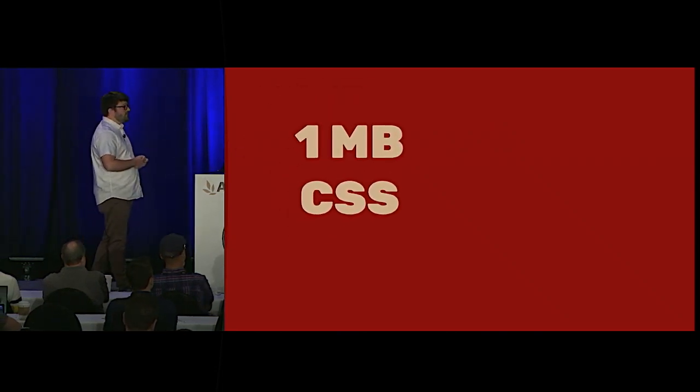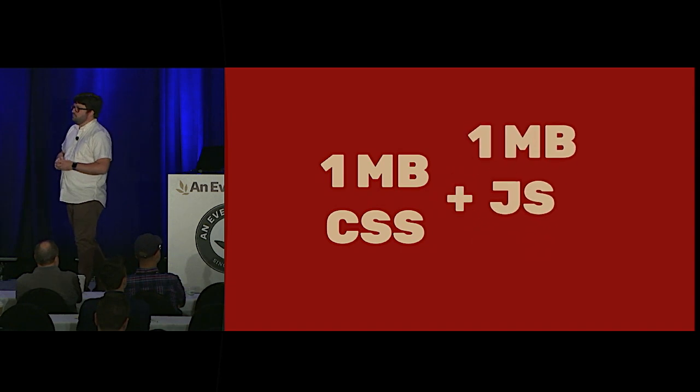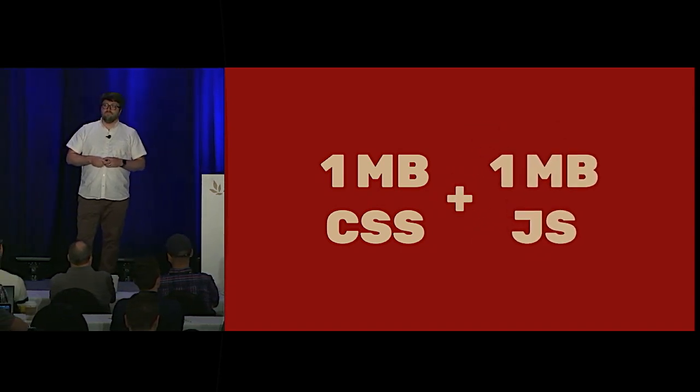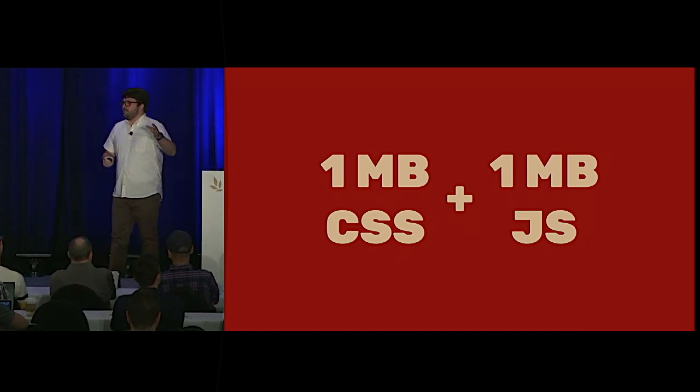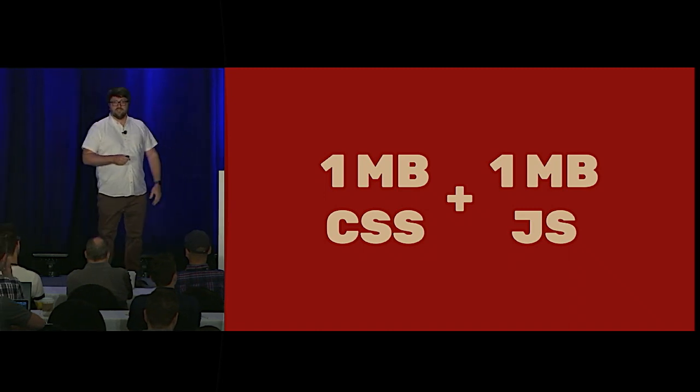Well, 1 megabyte of CSS and 1 megabyte of JavaScript sent down to the client. Wow. And this all gzips, don't worry, to about 256 kilobytes of CSS and 300 kilobytes of JavaScript.